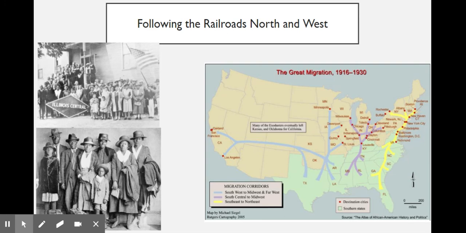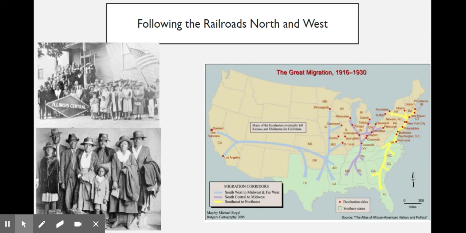So if you were from Texas, Louisiana, Arkansas, you either were going westward to places like Los Angeles or the San Francisco, Oakland area, or you were going directly north to a place like Minneapolis. If you were from the central South, Mississippi, Alabama, Tennessee, you were more likely to be going to Detroit, to Chicago, maybe somewhere like Milwaukee.